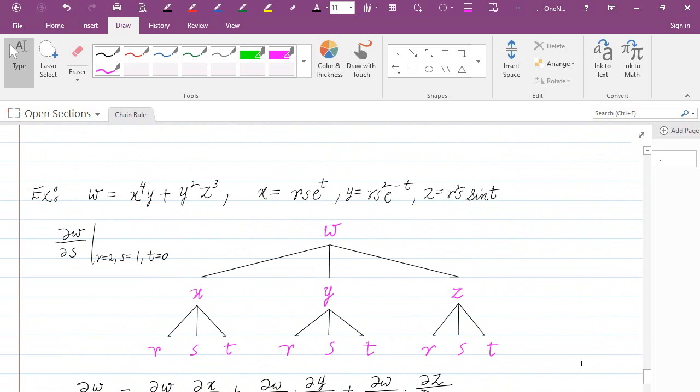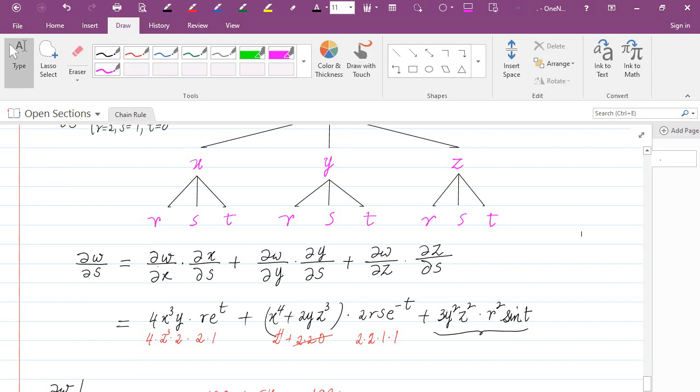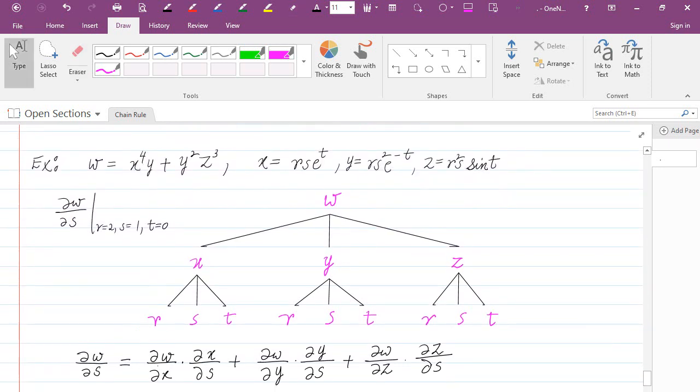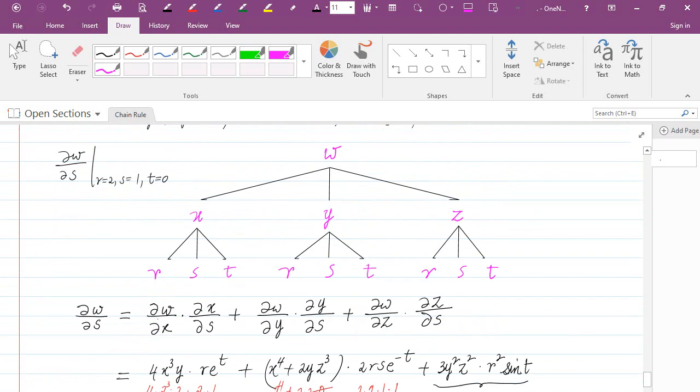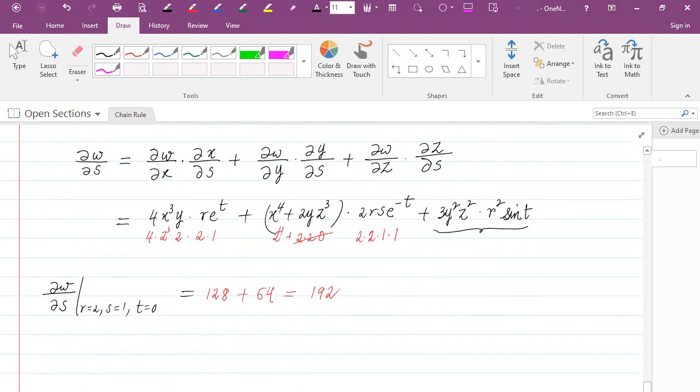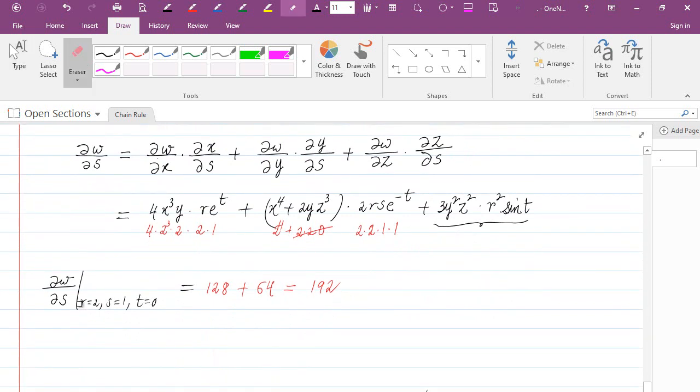Partial of w with respect to z would be 3y squared z squared, and partial of z with respect to s, so that's going to be r squared sine t.